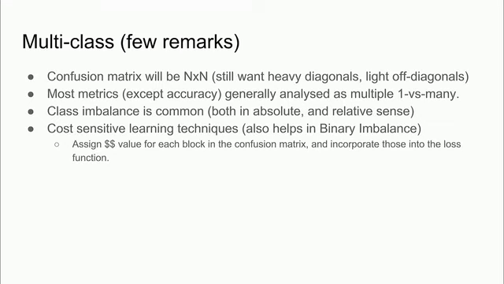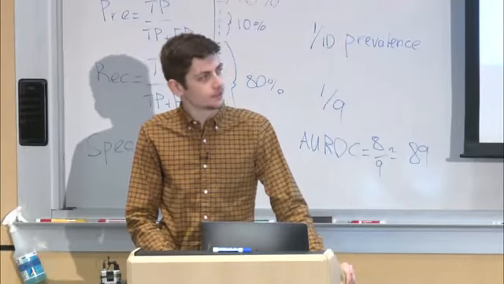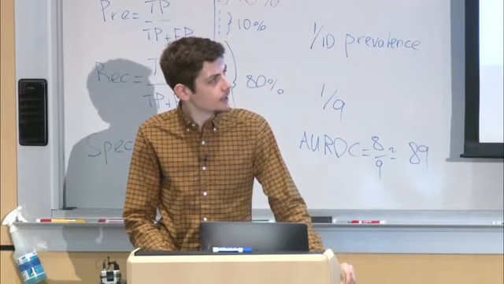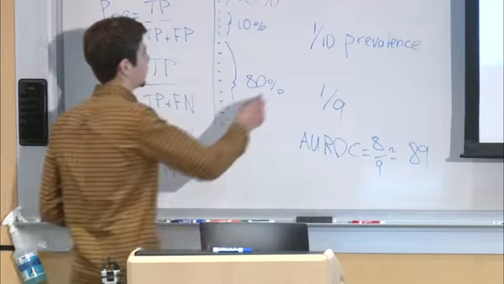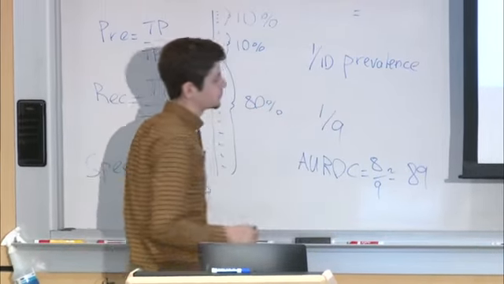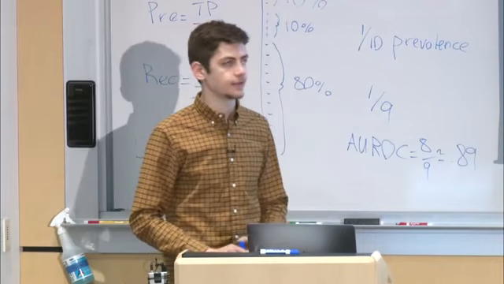Another way to deal with it is this cost-sensitive learning technique. It basically means you weight your examples based on how common they are. If you don't have many examples of a certain class, you can weight them based on the ratio. In this case, if you had 1 out of 10 prevalence, you just weight your positives by a factor of 10.